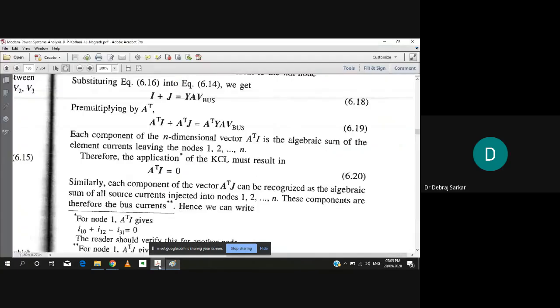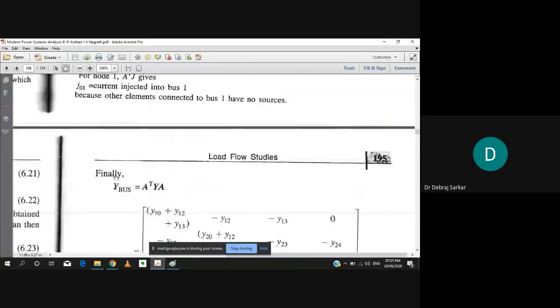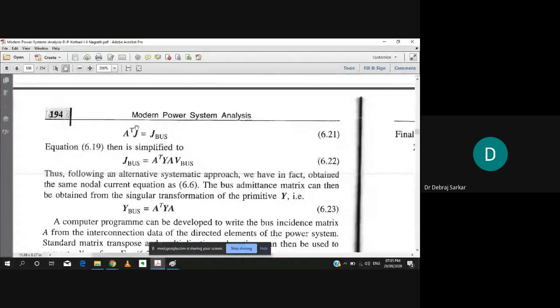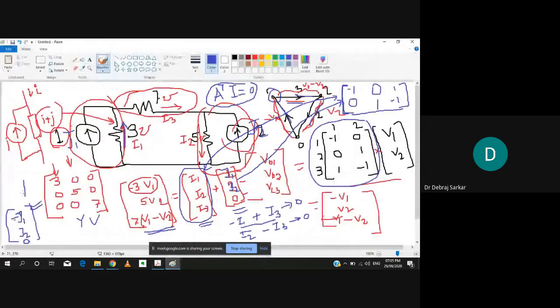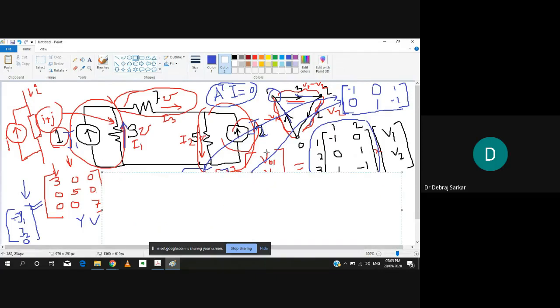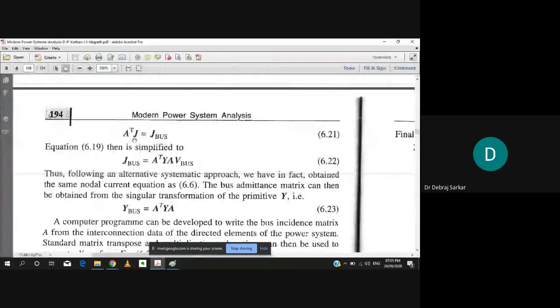Finally, we write it like this. This is the J bus. And hence this equation comes as J bus is equal to A transpose Y A V bus. So this is actually what you are looking for.